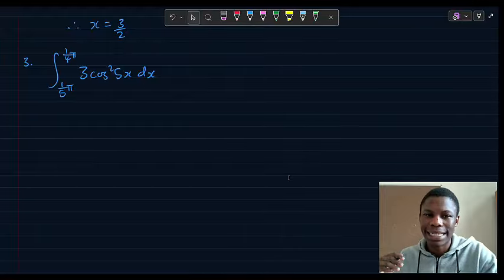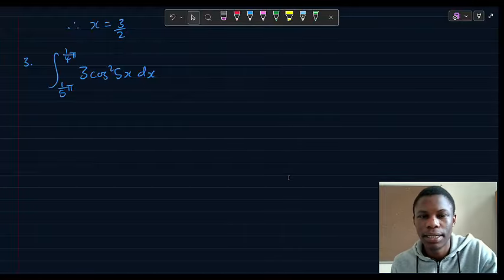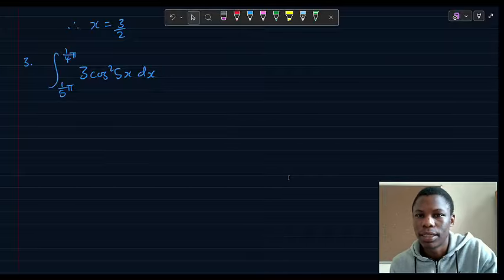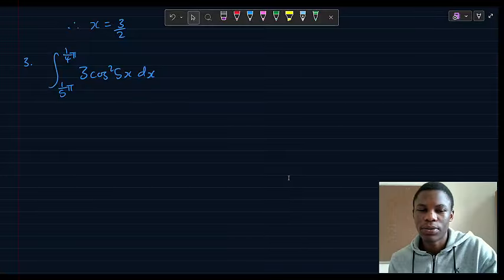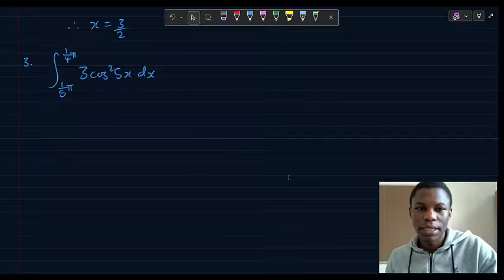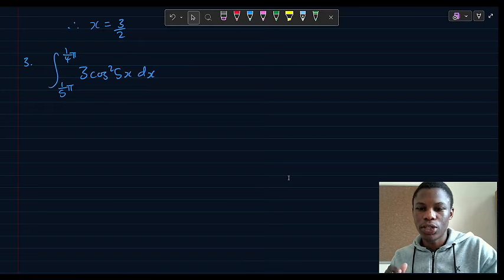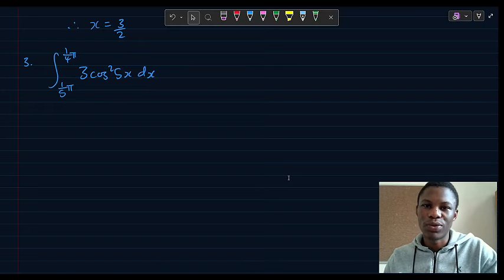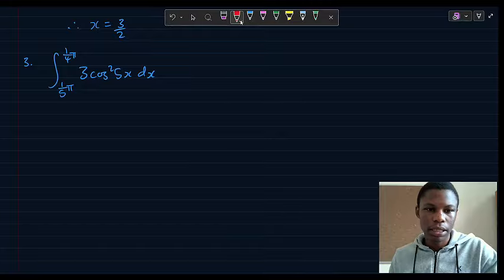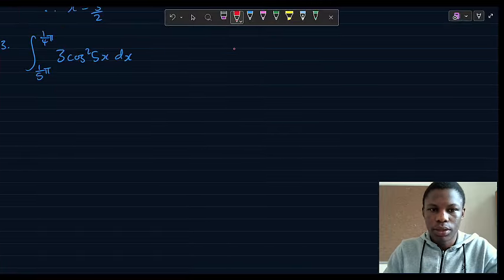Whenever you've got a trig function squared, we don't actually want to integrate that directly unless it's like sec squared, because we know the integral of sec squared is tan. But if it's the integral of cos squared, tan squared, or sine squared, we are going to use trig identities to help us rewrite that, because it's not nice to integrate that directly.